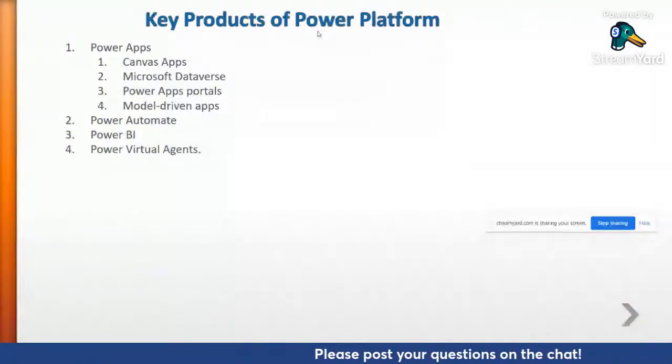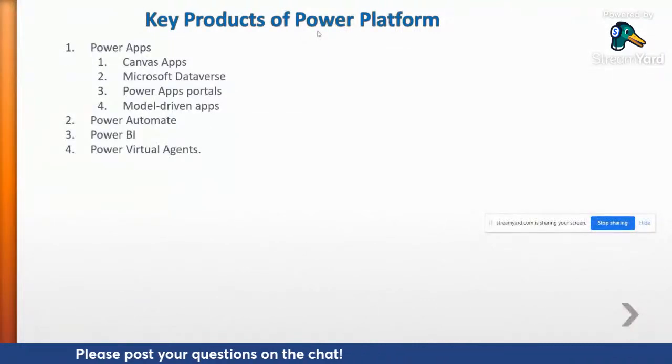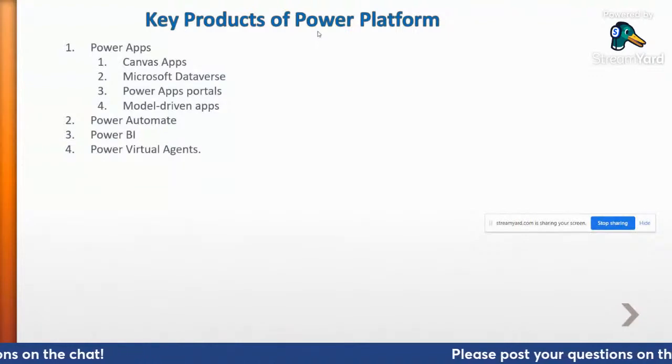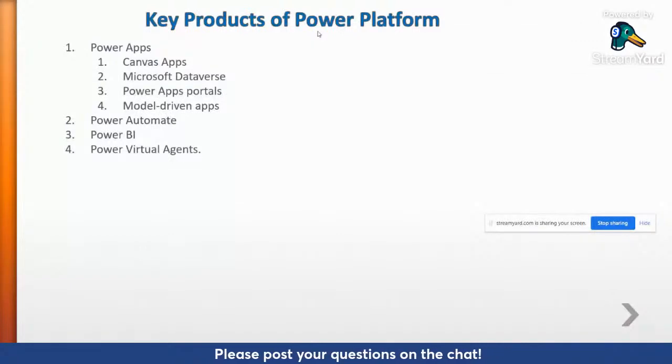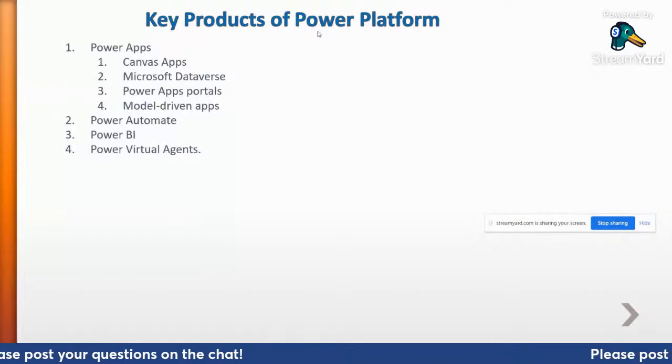Power BI is a business analytics service that delivers insight for analyzing the data, and Power Virtual Agents allows users to create powerful chatbots using guided no-code graphical interface. We can also call backend systems to perform operations using Power Automate within Power Virtual Agents.